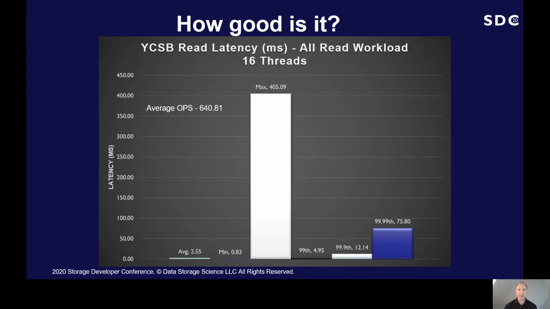And it turns out that the maximum and the 99.99 percentiles go up even while the average and the minimums go down, right? So the average latencies drop, the minimum latency stays about the same, and the maximums go up.